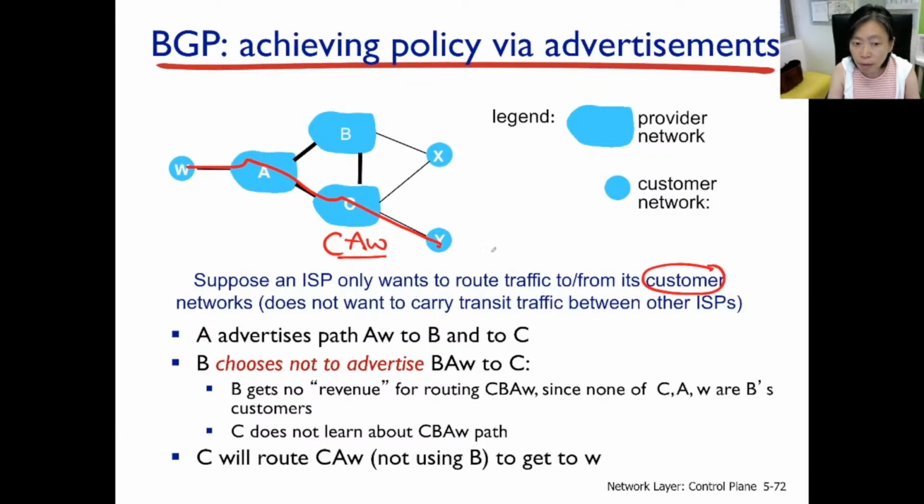For a customer network, an ISP will be happy to route traffic to and from the customer. But an ISP not getting paid by others would hate to transit traffic between these other ISPs. So bottom line, not getting paid for the work.